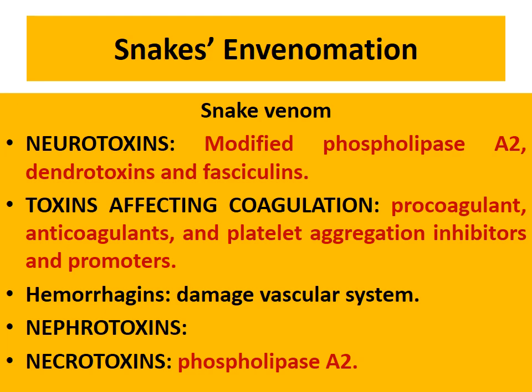They produce severe hemolysis and coagulopathy and may result in disseminated intravascular coagulation, DIC, and hemorrhage, producing damage of the vascular system and also internal hemorrhage, petechiae, ecchymosis, nephrotoxins, and necrotoxins like phospholipase A2.